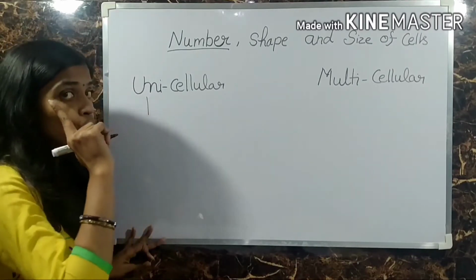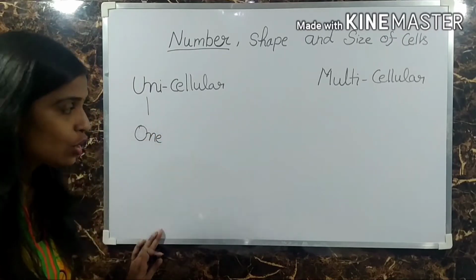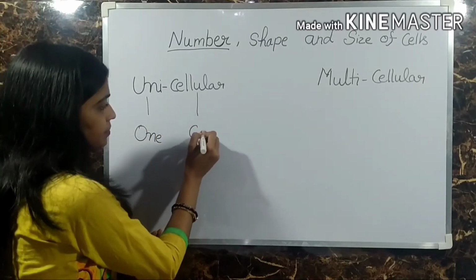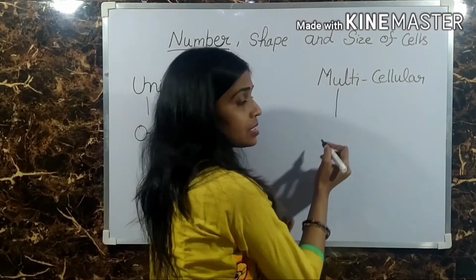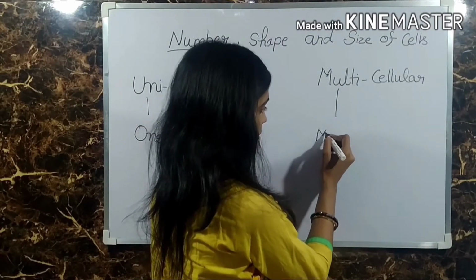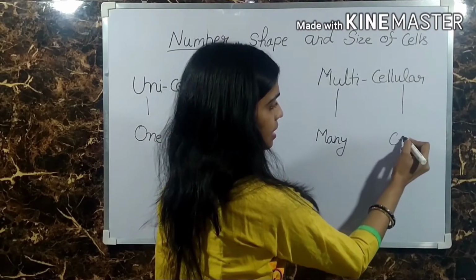Uni means one and cellular means cell, whereas multi means many and cellular means cells.